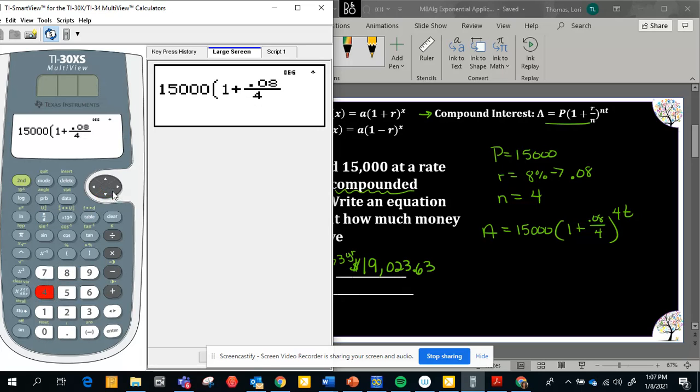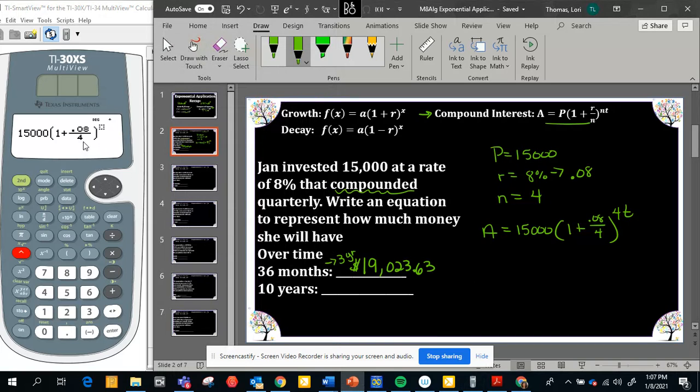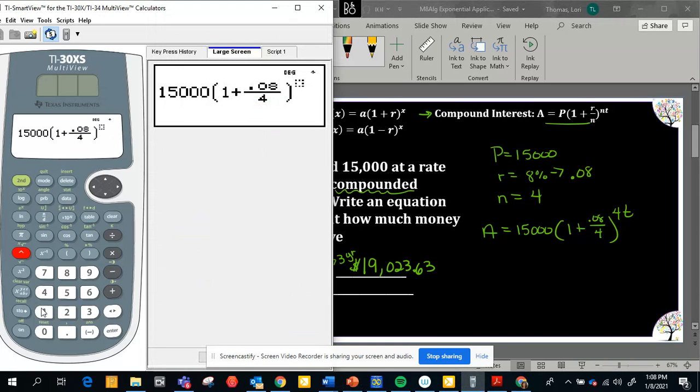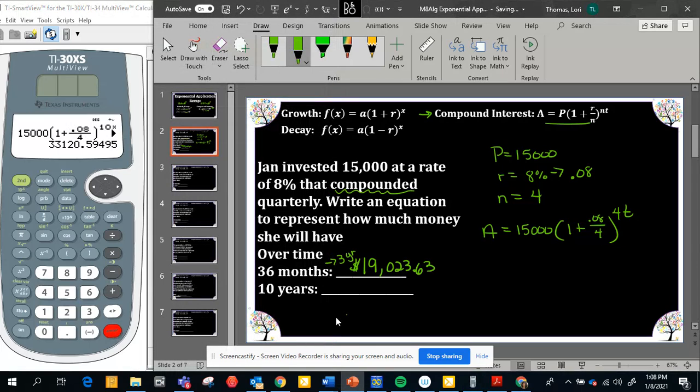It was compounded quarterly, arrow out, close parentheses, raise to, I forgot how many years, 10 years. So we're going to say 10 times 4 and then enter. So this is how much she's going to have in 10 years: $33,120.59. Okay, so that's for compounded.